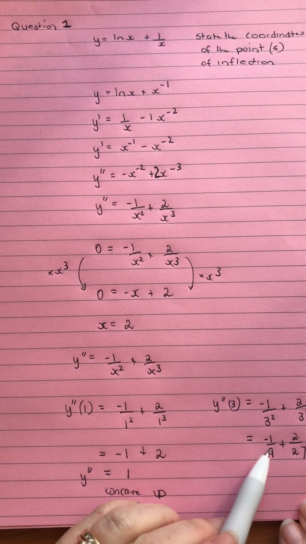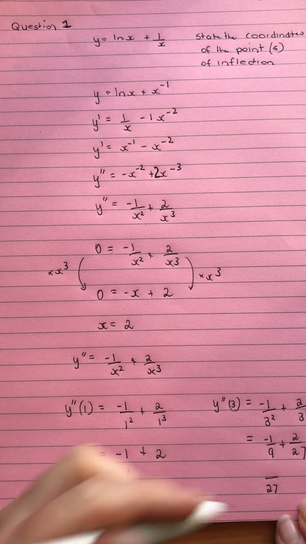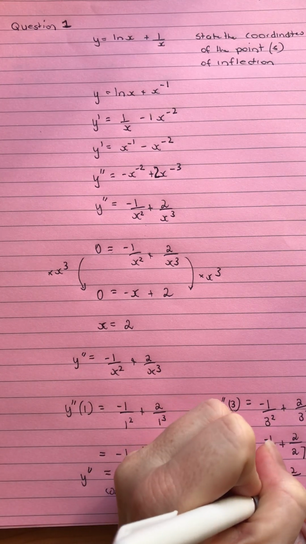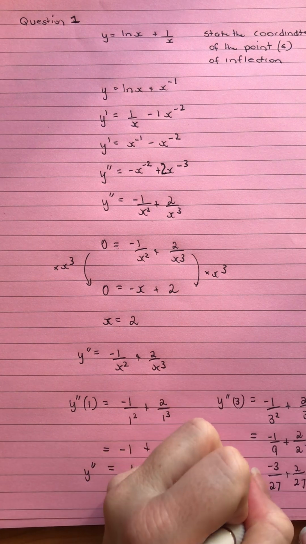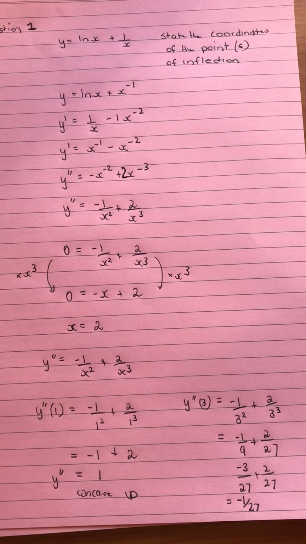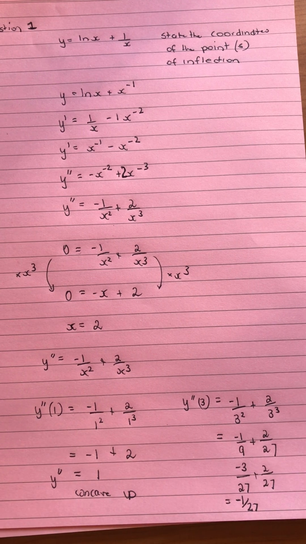Obviously our 1 over 9, we'll change that to something over 27 because this is a tech-free question. So that would be negative 3 on 27 plus 2 on 27. So negative 3 plus 2 is going to give me negative 1 on 27. The main part of this is to see it's a negative answer, so that's concave down, and that confirms that I have a change of concavity there, which is my point of inflection.